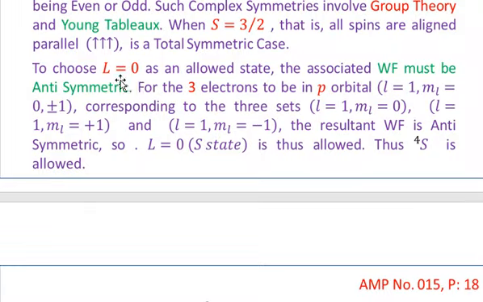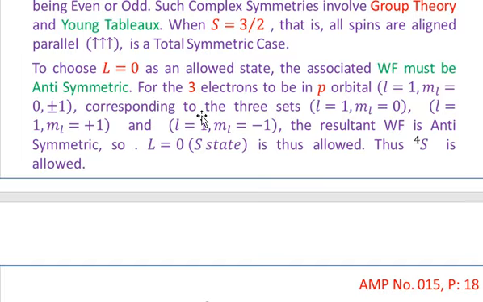To choose whether capital L equal to 0 is an allowed state or an unallowed state, the associated wave function must be antisymmetric. That is, using capital L equal to 0 and capital S equal to 3 by 2 in their corresponding wave functions, if the wave functions are combined together and the total wave function is antisymmetric, then we shall say that the state L equal to 0 is an allowed state.